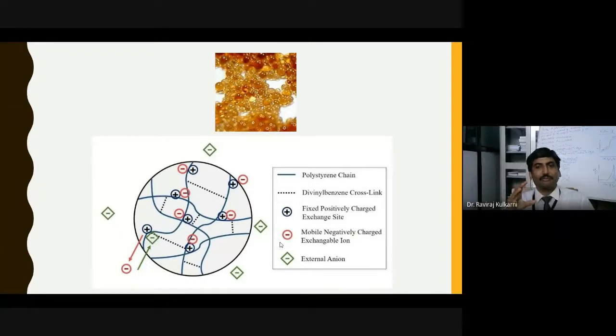We call it soft water because the hardness is less than 75 ppm of calcium carbonate equivalence. I'll discuss why hardness is expressed in terms of calcium carbonate equivalence. If the hardness is less than 75 ppm, we call that water soft water.